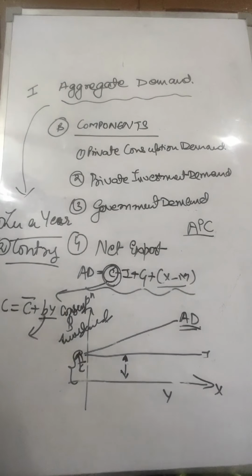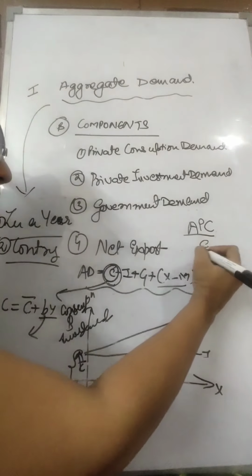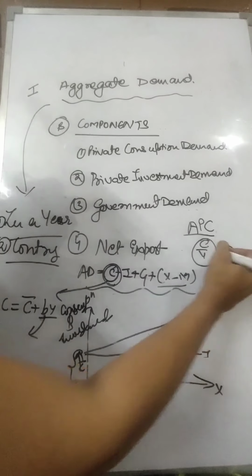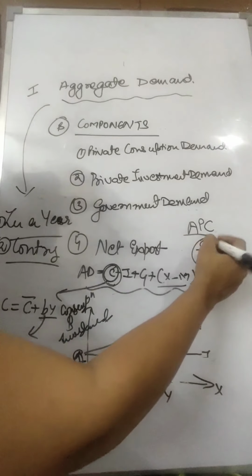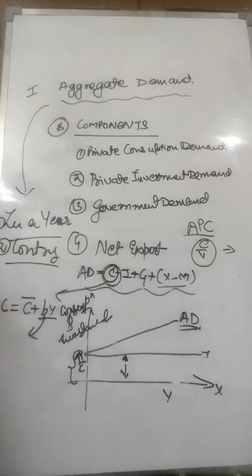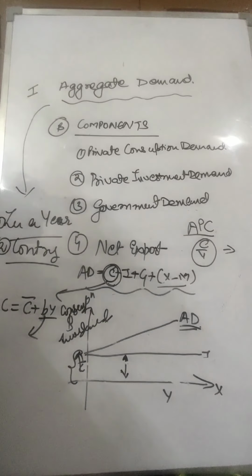APC is basically C by Y. That is, you will be looking at what your consumption actually is with your income level, and that ratio you will be calculating as APC. So APC refers to the ratio between consumption and your income.